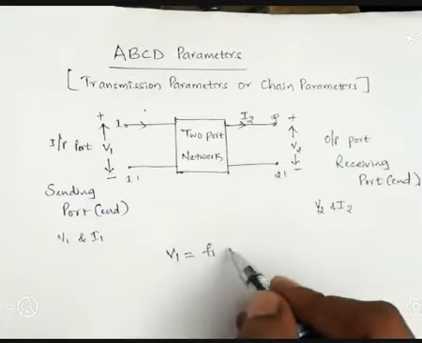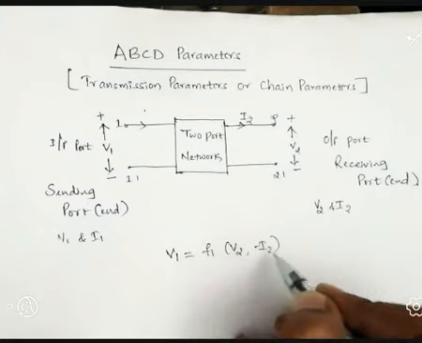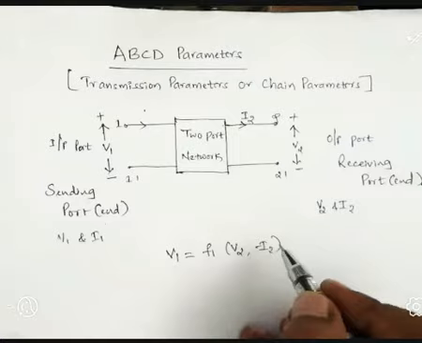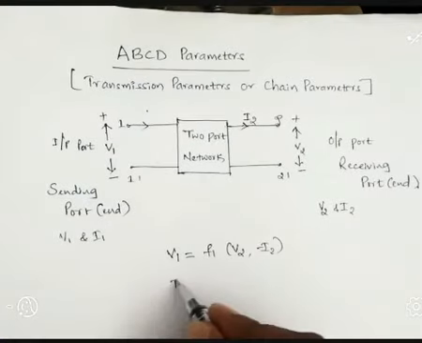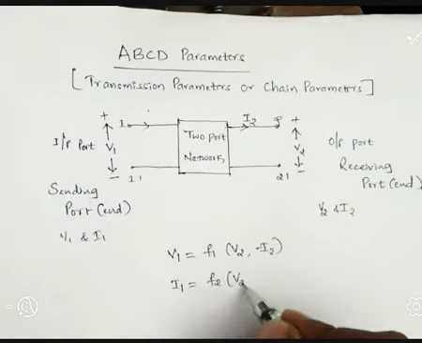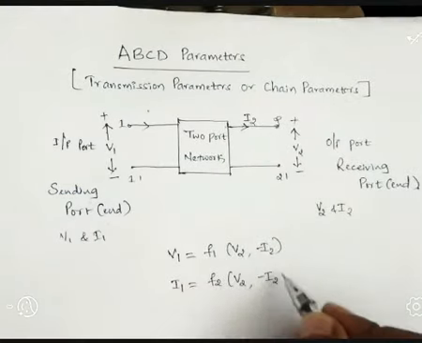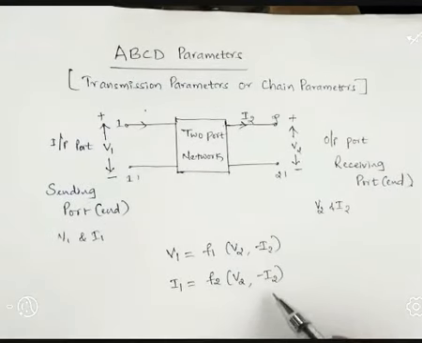function of V2 and minus I2, and another dependent variable I1 is a function of V2 and minus I2. You may ask the question, sir, why have we taken the negative symbol for the current I2?